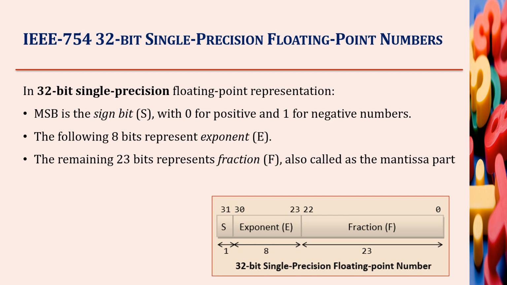Now let's look into the IEEE 754 32-bit single precision floating point numbers in detail. As we said, in the case of single precision floating point numbers, a total of 32 bits will be there. Out of that, the first bit, the MSB, is reserved as the sign bit. 0 represents a positive number and 1 represents a negative number.